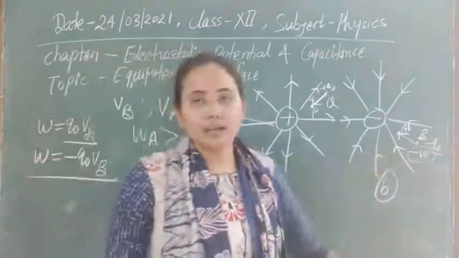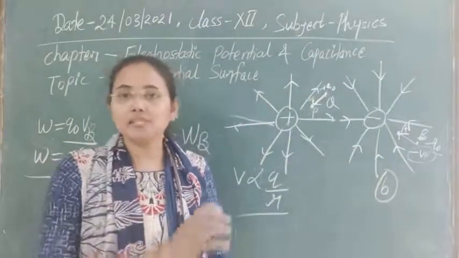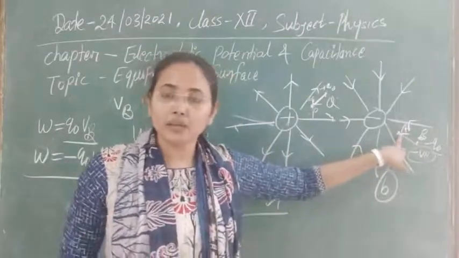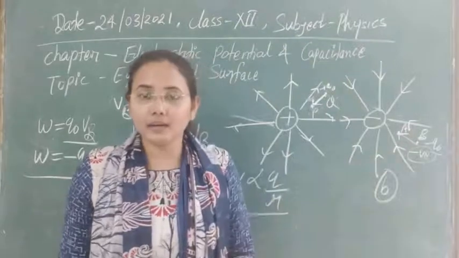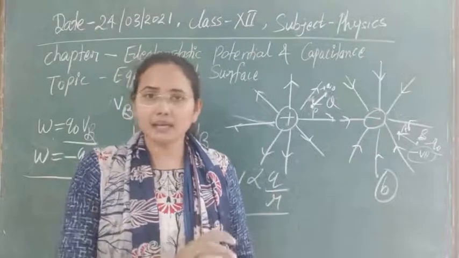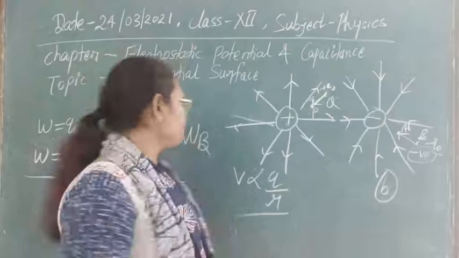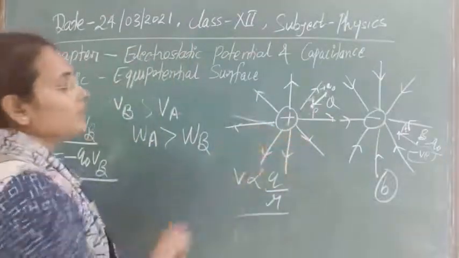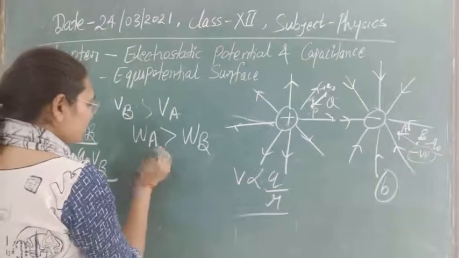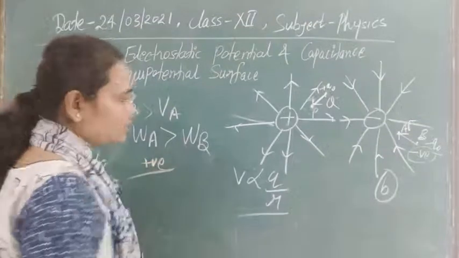But if we are using an external agency, meaning we are supplying some energy from outside to move it from this point to this point, then definitely as we are feeling greater force, we have to supply some energy. Whenever we are supplying energy by the external agency, that is positive. So whenever we move it from B to A, the work done by the external agency will be positive.